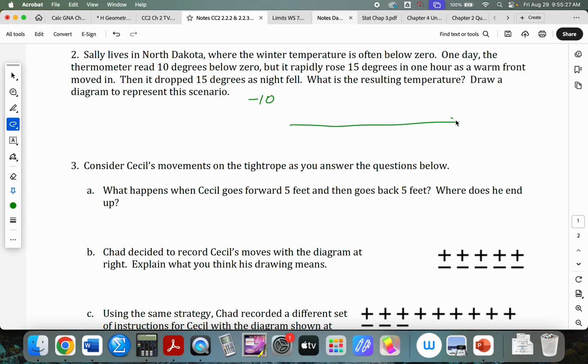So if we're at negative 10 to start with, and we go up 15 degrees, where did it go to? 5 degrees. And then it turned around and retreated, went right back.